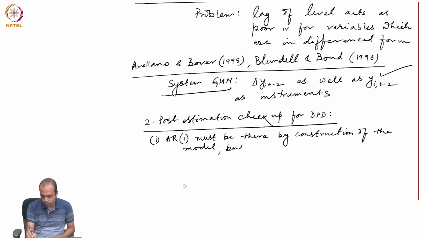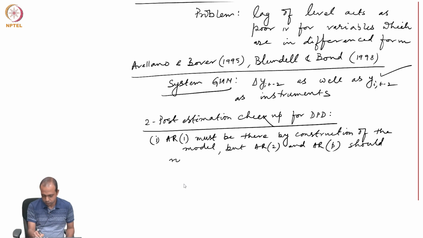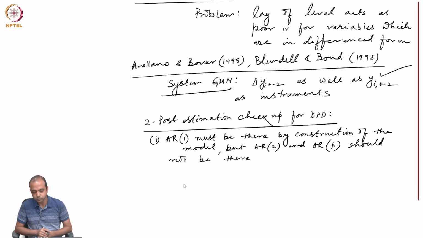but AR2 and higher should not be there, that means let us say ARP should not be there. So, this is basically the first post estimation checkup, regarding whether higher order autocorrelation is present or not, that we have to test.